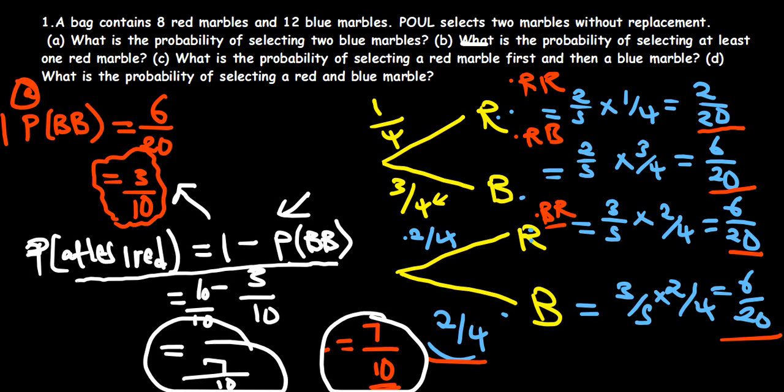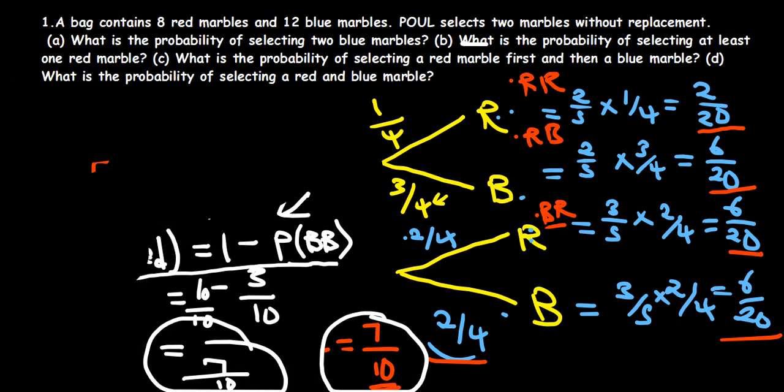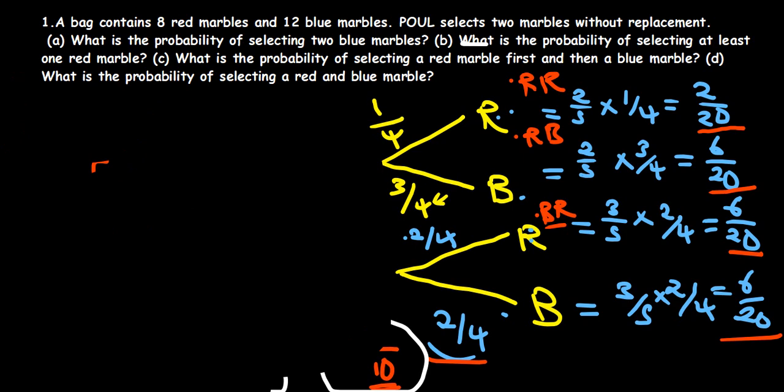So for C, we are solving something different now. They are asking what is the probability of selecting a red marble first and then a blue marble.